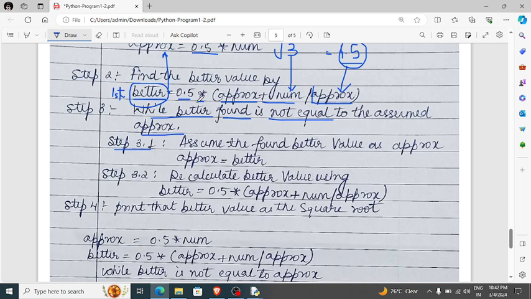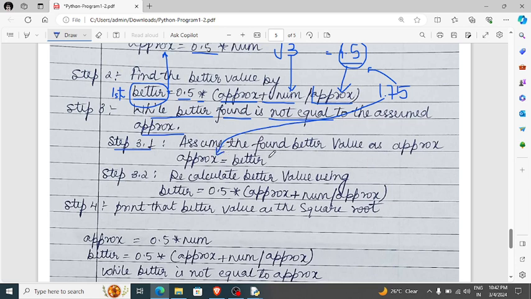Normally, if you use this particular formula, it comes to somewhere around 1.75, and 1.75 is nowhere near 1.5, so they are not equal. So what you do is you again recalculate the better value, but now this 1.75 becomes your approximate value.